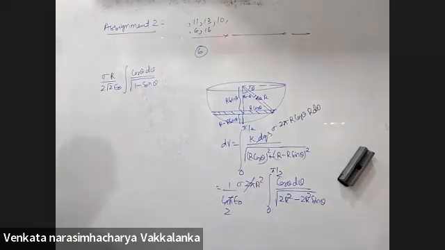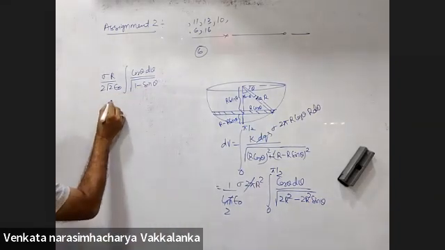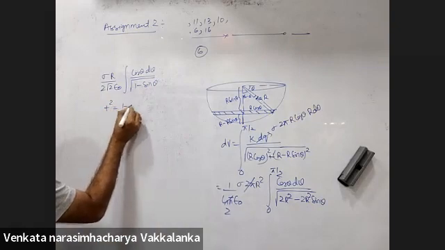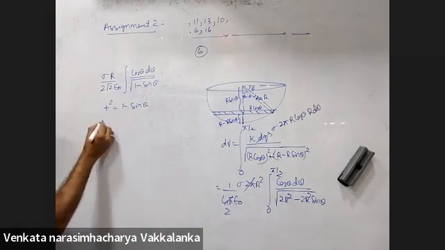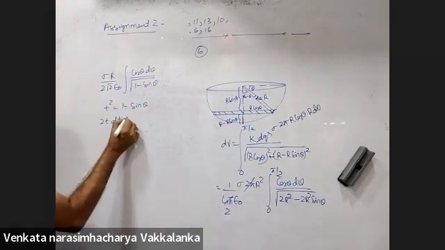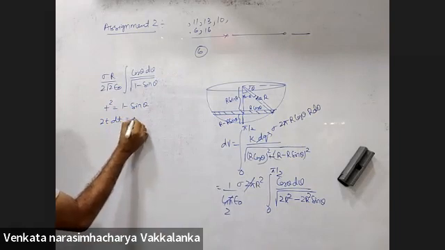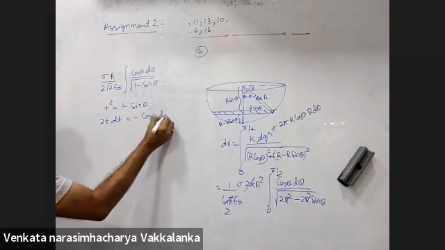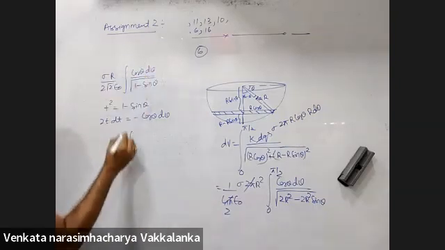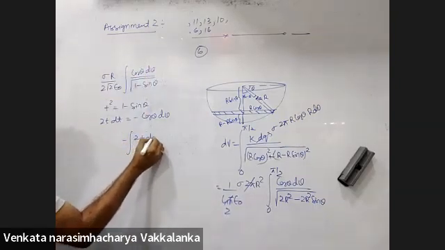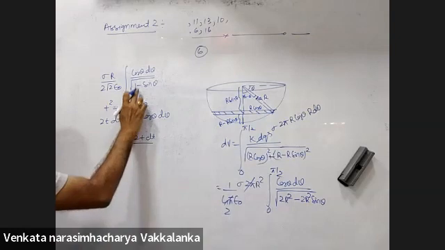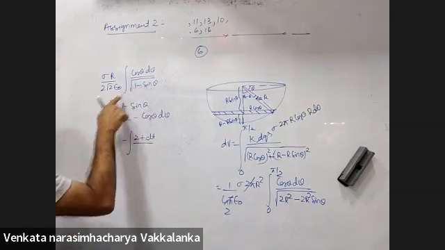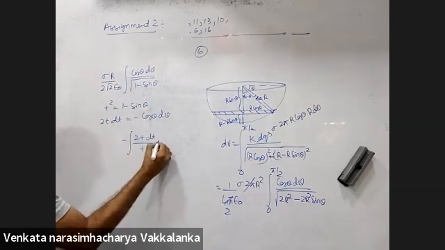Agreed? Yes sir. Now, I'll put t square is equal to 1 minus sin theta. 2t dt is equal to minus cos theta d theta. So, numerator will become minus of 2 dt divided by 1 minus sin theta, t square with the square root is t.